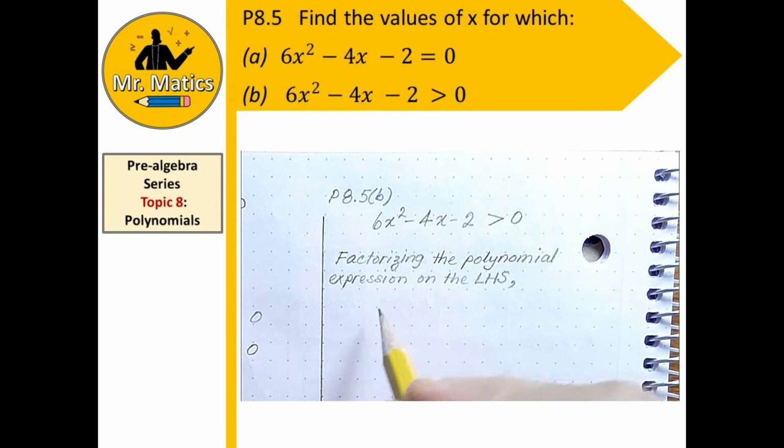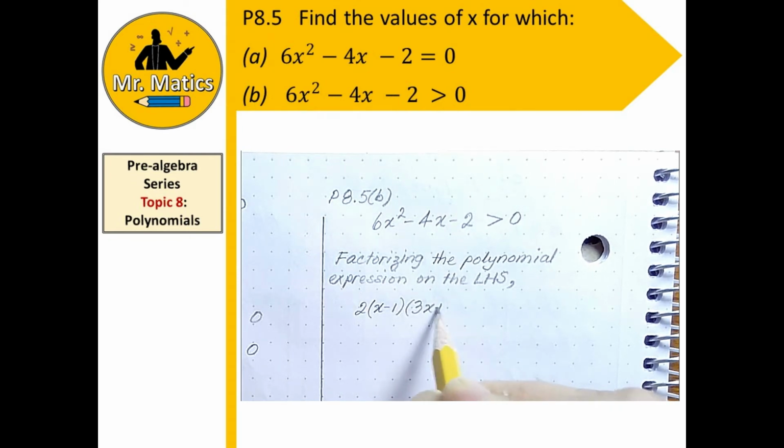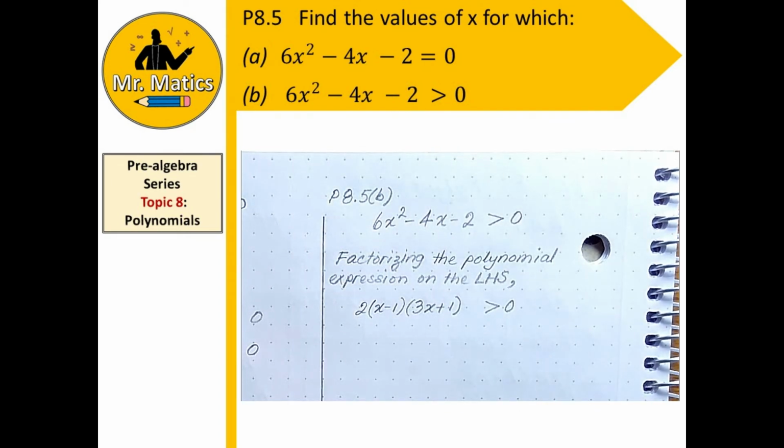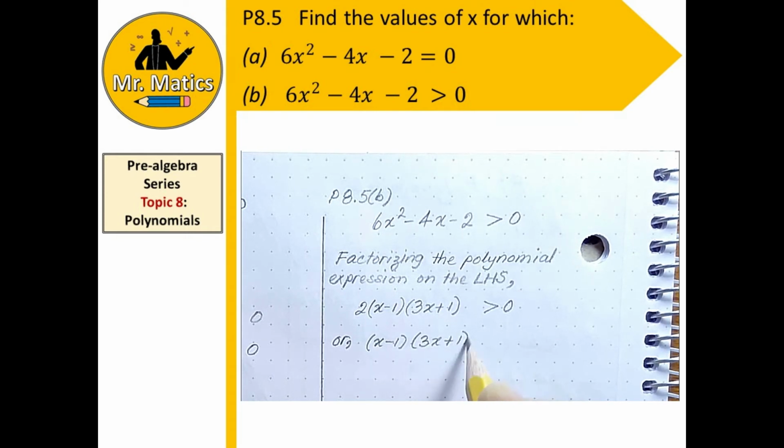We get, same as before, 2 times x minus 1 times 3x plus 1. And we know that this is greater than 0. Now we know that 2 is greater than 0, so it is basically like dividing both sides by 2, so you should get x minus 1 times 3x plus 1 greater than 0.